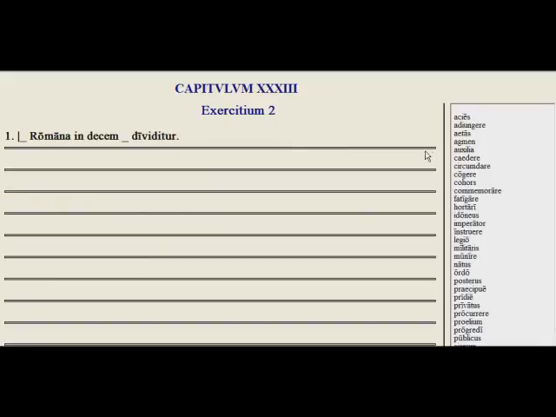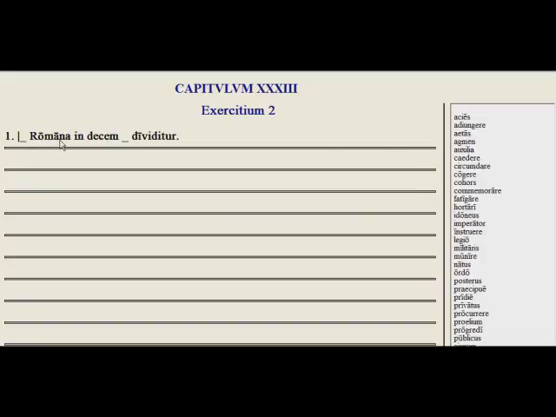Exercitium secundum, our vocab exercise. Let's practice with this. Blank Romana in decem blank dividitur. So what we want here is the Roman legion is divided into 10 cohorts. Each cohort has roughly 500 soldiers in it, and 10 of those gives you roughly the 5,000 soldiers of a Roman legion.